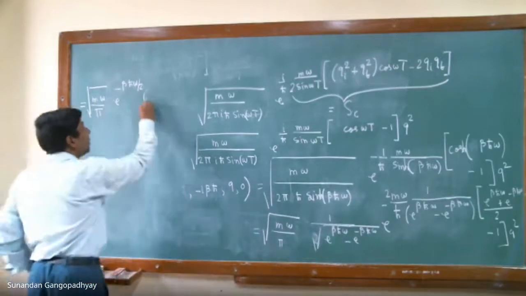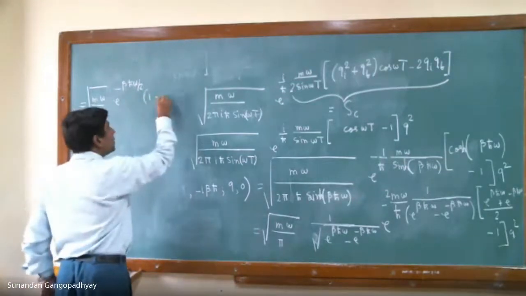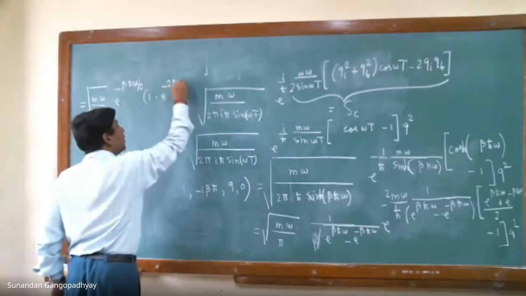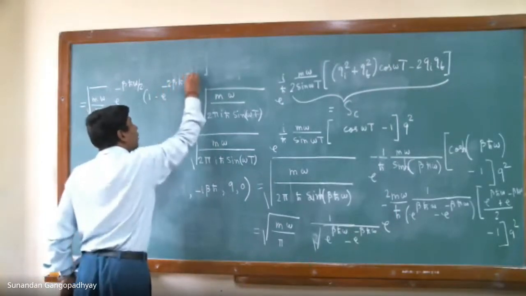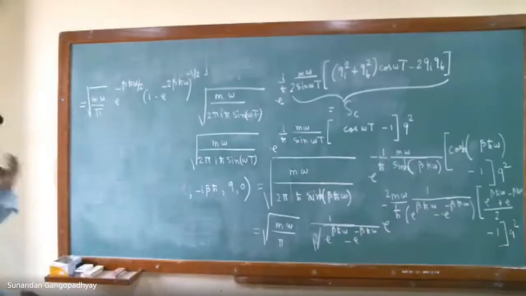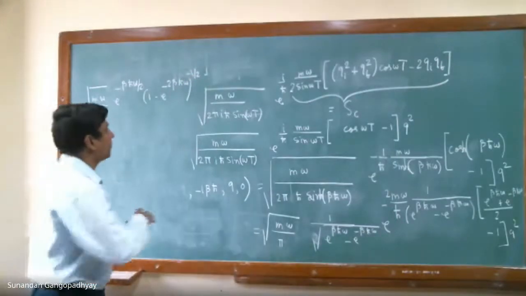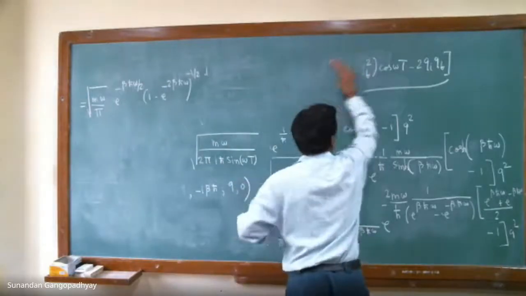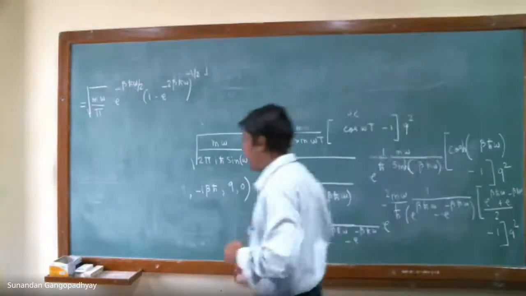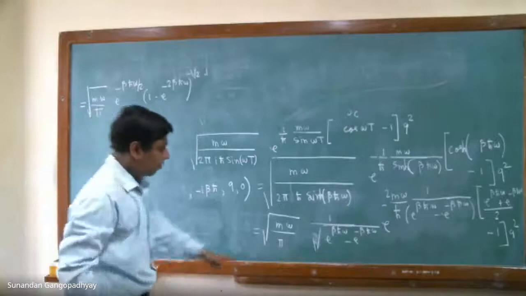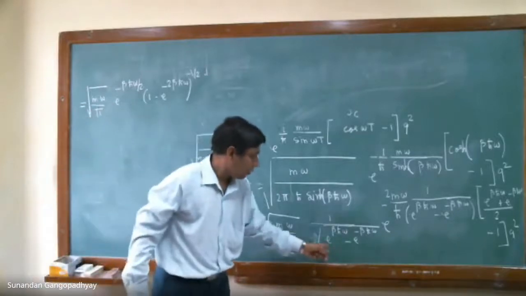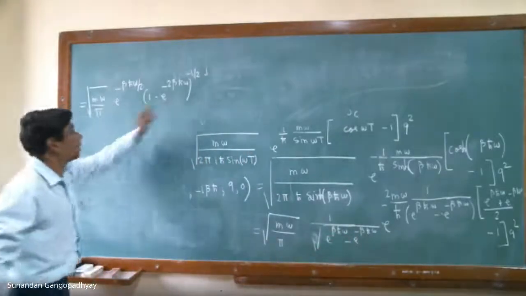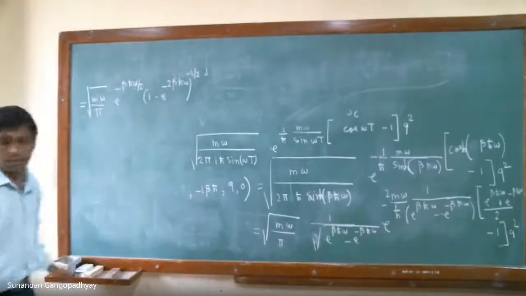And this will become 1 minus e to the power of minus 2 beta h bar omega, to the power of minus half. So what I've done is I've taken this thing common. So this will become this factor. This will simplify to this.